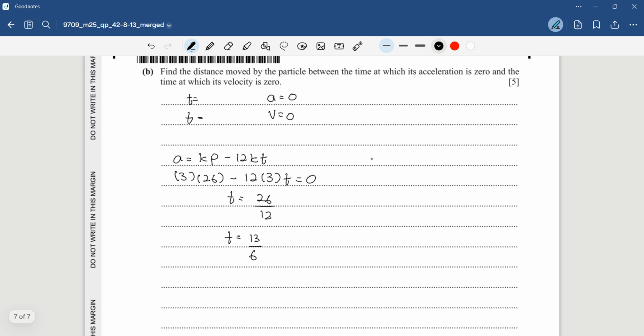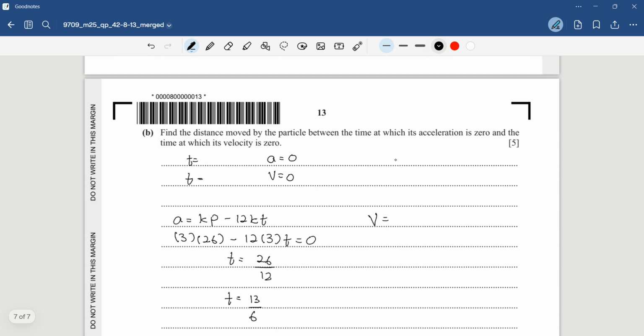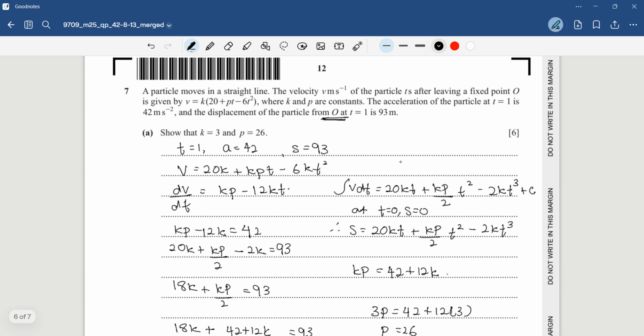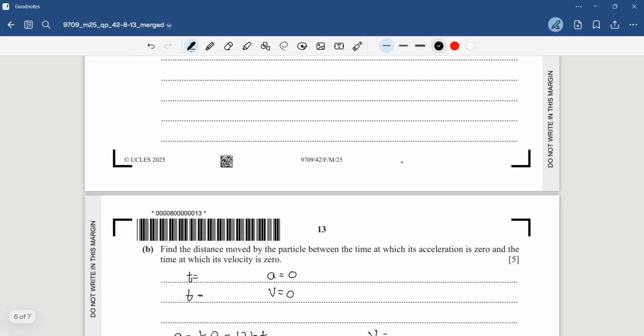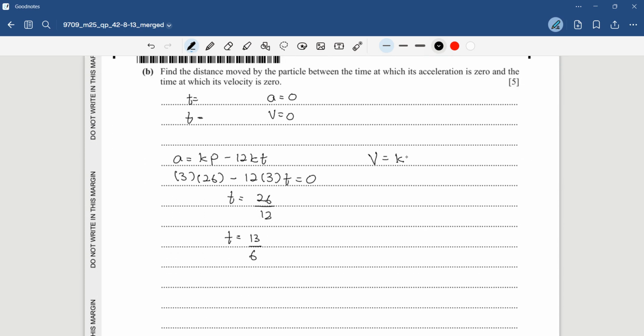And for v, the equation just now is 20kt plus kpt minus 6kt squared. So when v equal to 0, I can divide by k, so it's just 0. So 20 plus 3, sorry, p is 26, t minus 6t squared equal to 0.